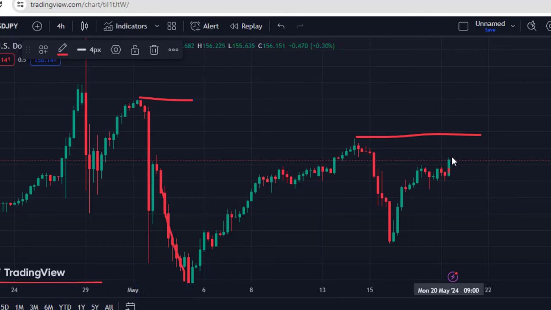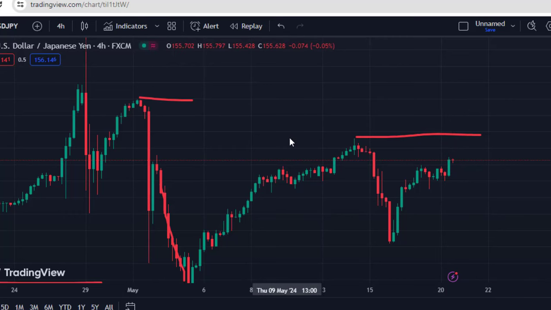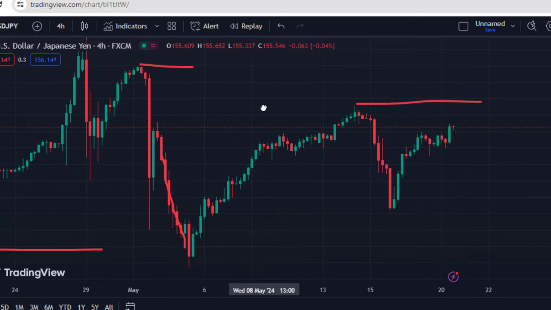That means the market can push upward and then grab this liquidity from this very area and then finally crash back to the downside. The concept here is that the market does not move up or down until it is satisfied with liquidity from a particular point.